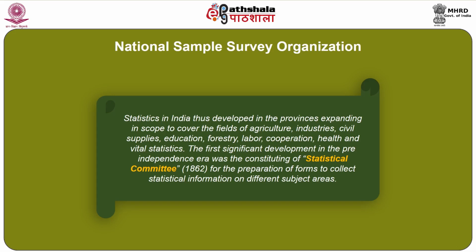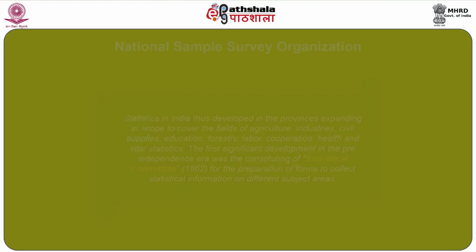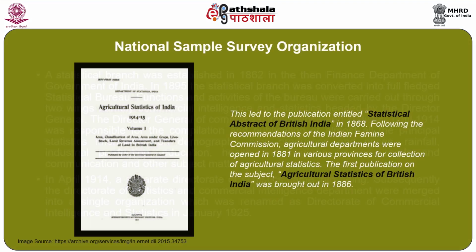The first significant development in the pre-independence era was the constituting of the Statistical Committee in 1862 for the preparation of forms to collect statistical information on different subject areas. This led to the publication entitled Statistical Abstract of British India in 1868.